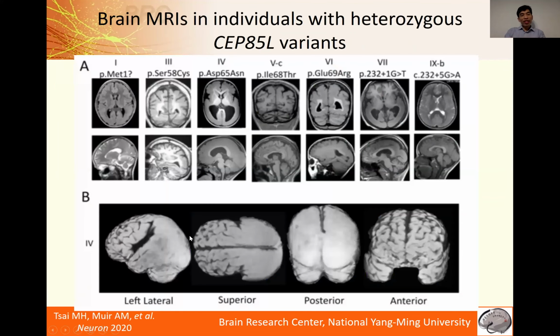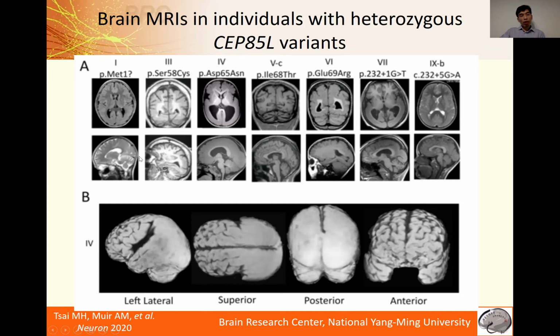And really interestingly, very recently, in a Taiwanese patient, we identified a new gene in a patient with lissencephaly. Using next generation sequencing, we identified this new protein CEP85L in these patients.